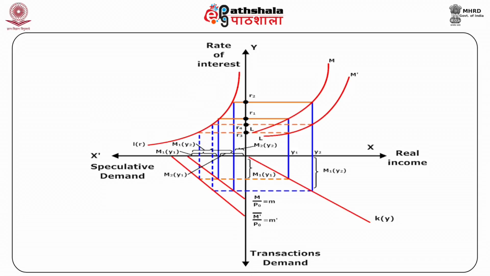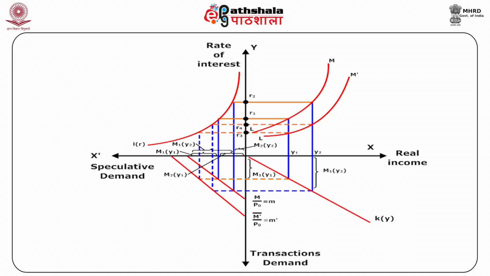Similarly, if we take the erstwhile level of income y2, and on similar lines if we take m1 y2 and proceed to the new money supply equation, the triangular line to the left of the old triangular line, then you would see that m1 y2 is going to remain the same.